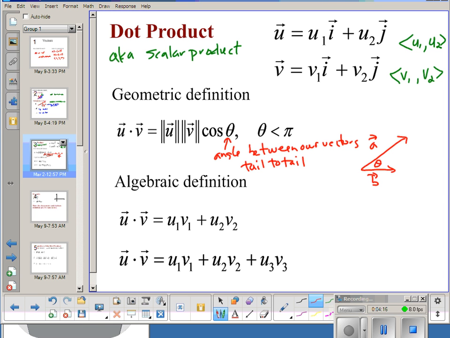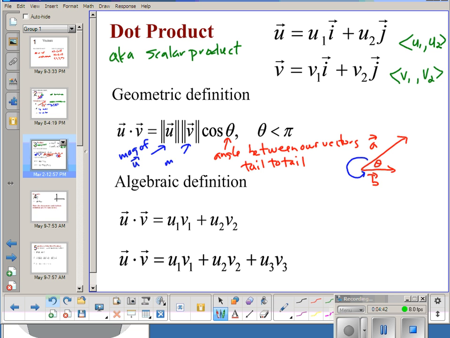And we will always choose the angle that's from 0 to 180 or 0 to pi, because we would never say that the angle between them is this. We always want to choose the smaller of the angles, and the smaller will be the one that's between 0 and 180.